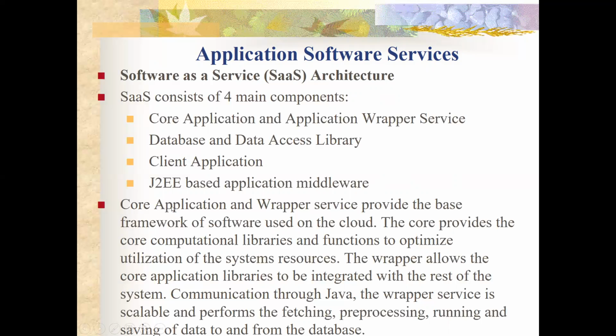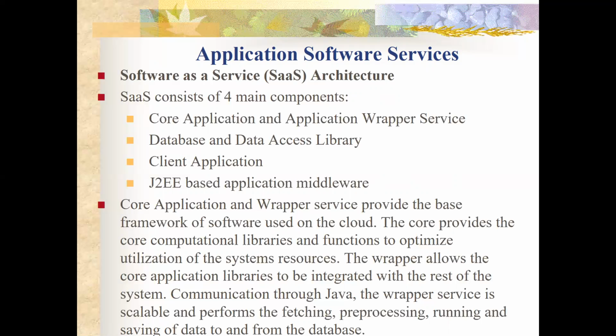From the top right, the core application and the wrapper service provide the base framework of software used on the cloud. The core provides the core computational library and functions to optimize utilization of the system resources.